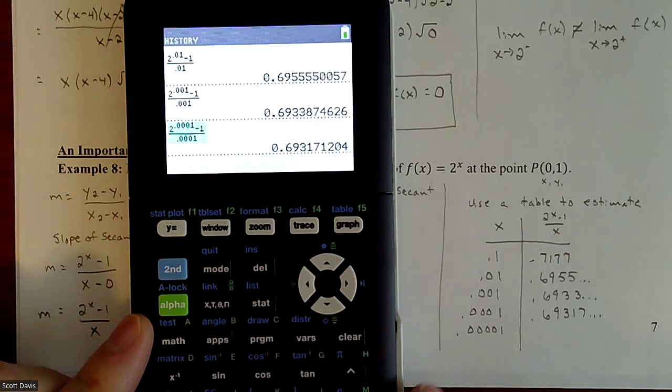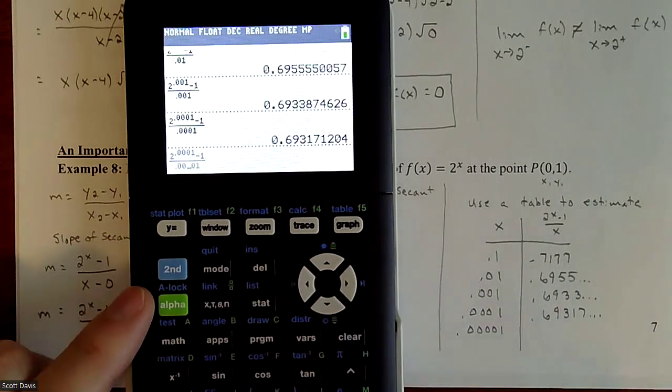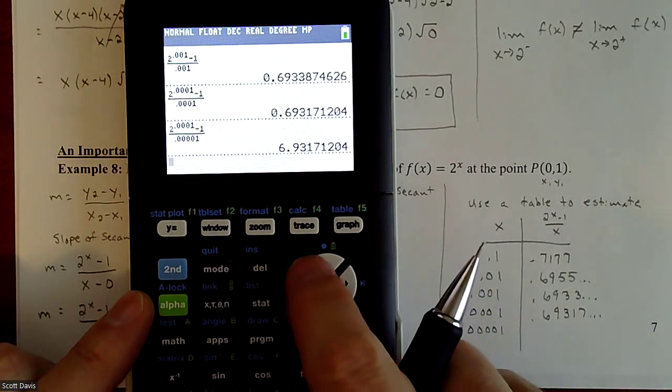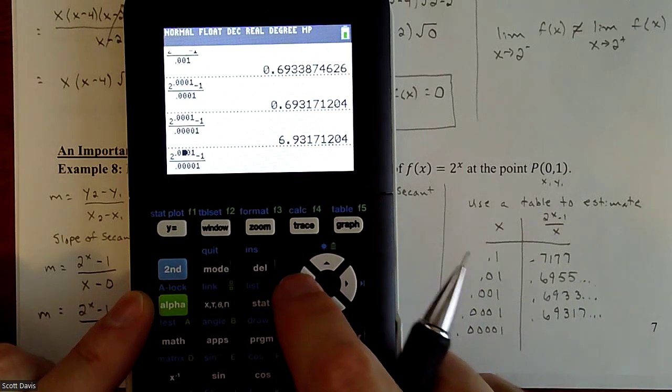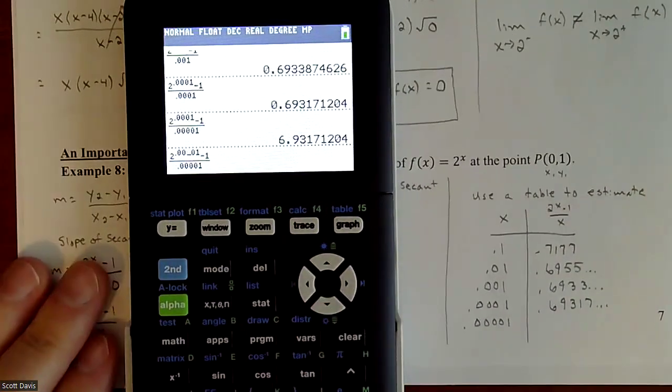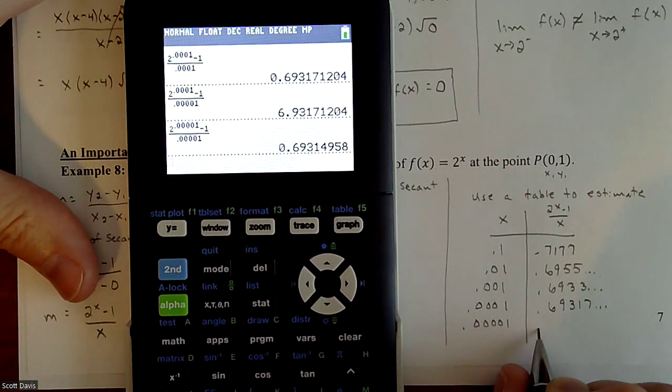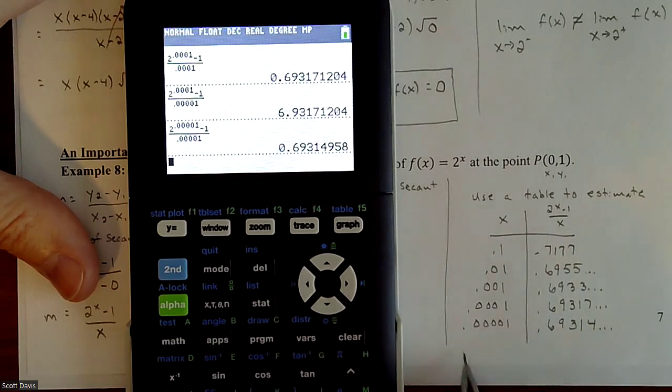Okay, so insert a 0. Oops, let's try it again. Insert a 0. All right, that's better: 0.69314. We'll do one last one and take it; that's about as accurate as we need to be.